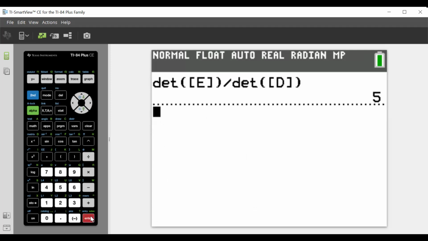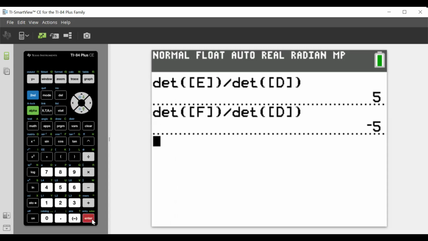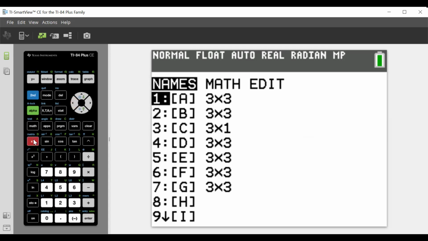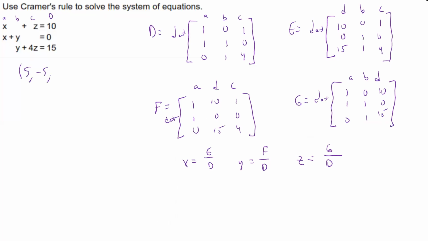And so that looks to be 5 for X. Now, Y is just changing it to F. So instead of that, I want F, which is 6. That's a -5. And we'll go one more time. And instead of F, we want G, and G is 7. We get 5. So 5, -5, 5 is the solution.